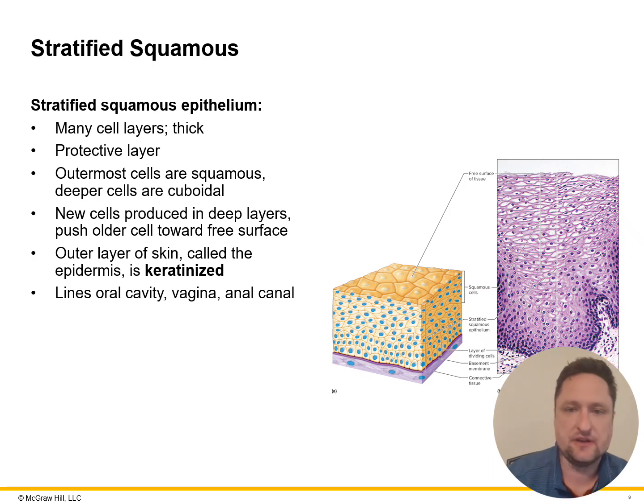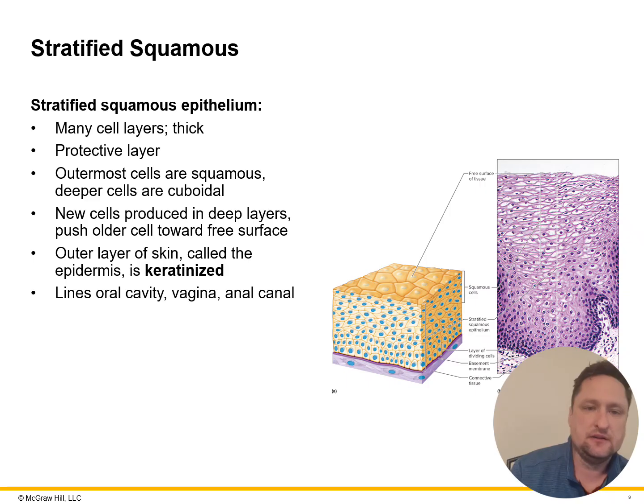The outermost cells are flattened, while deeper cells may appear cuboidal or columnar even. This tissue forms the epidermis, and its surface cells are filled with the protein keratin, making it water resistant and really tough.